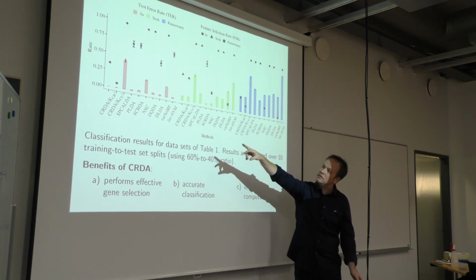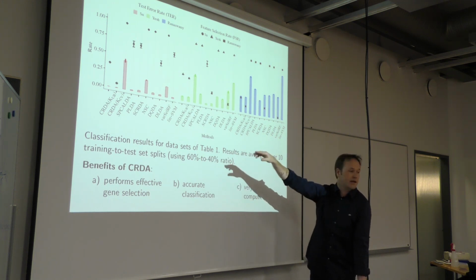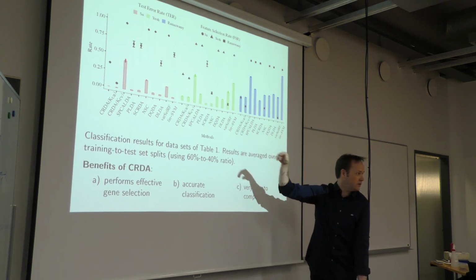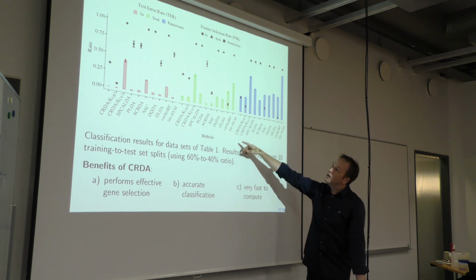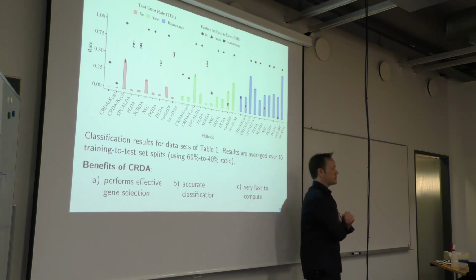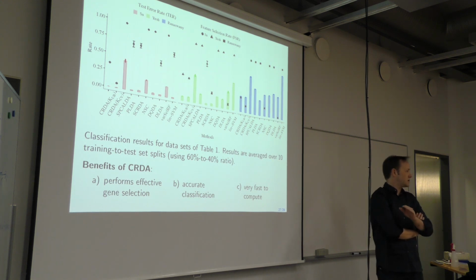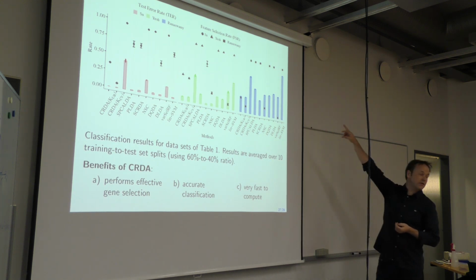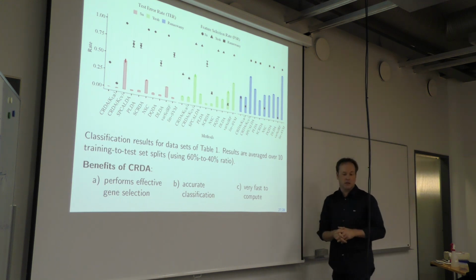And you can see that these 2 on the left are our method, and the classification error is very small for our method, but other methods have higher. And you can also see that the number of genes we select when we do the classification is also very small. So those are those dots, squares, bullets, and triangles.